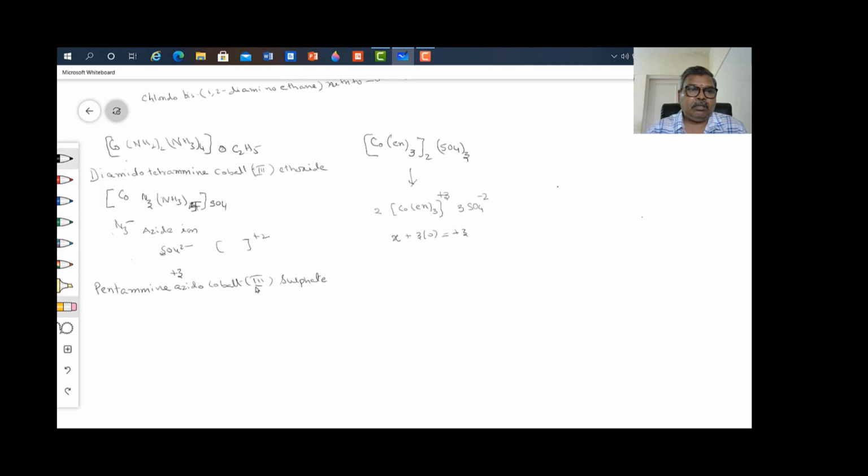So we have to follow the same rule in the case of coordination compounds. Now see, tris, you can write capital letter T, tris, 1,2-diaminoethane.